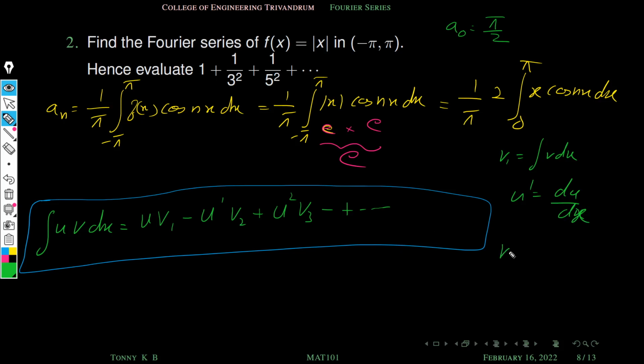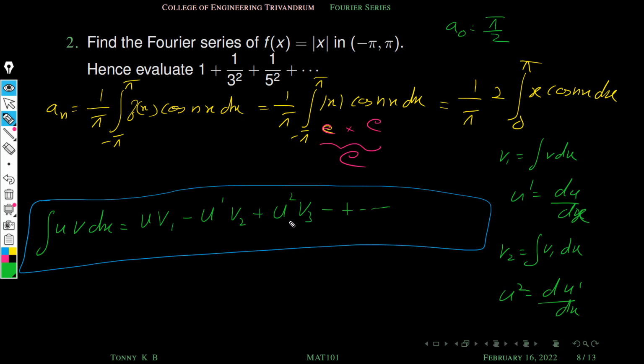Then what is v2? So v2 means the integral of v1. Integral of v1 means integral v1 dx, right? So that is v2. And what is u2? u2 is the derivative of u1. Okay, like that. So actually u2 means du1 by dx, derivative of this quantity. Okay, similarly you can continue.